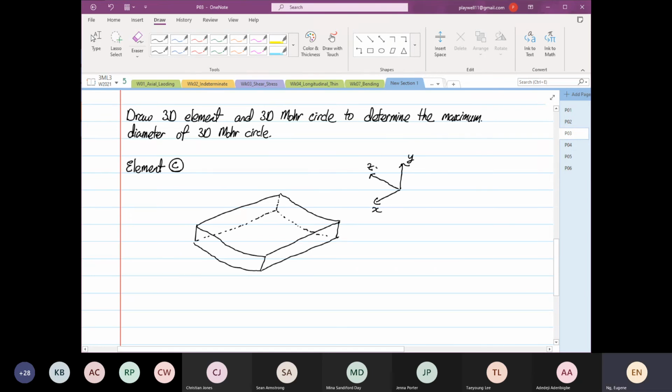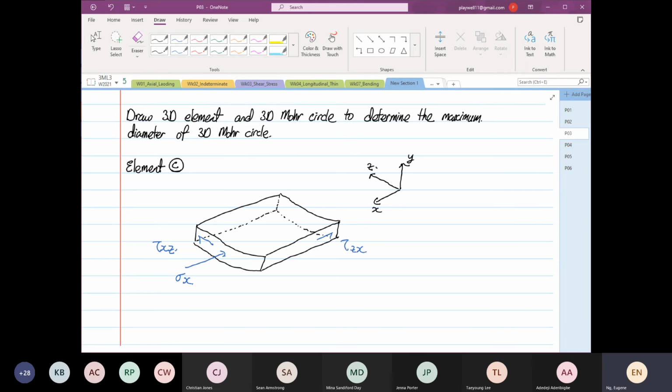We are aware there is a normal stress coming in, stress X. We know that we are going to see shear. So this is shear XZ, this is shear ZX, right? And we know there's a shear there, okay?